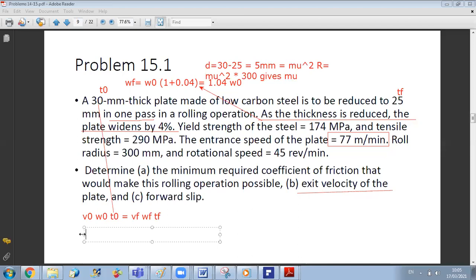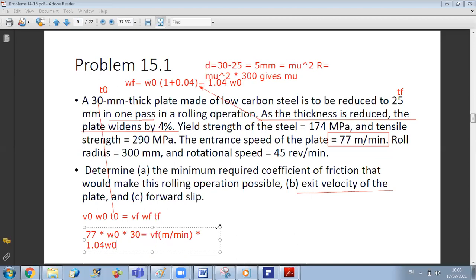we will replace V0 by its value, 77. Omega 0 we will leave as it is because it will be simplified. And T0 we replace by its value, which is 30, equals from the other side V final, whose unit will be meter per minute like V0, times omega final, which will be replaced by 1.04 omega 0.